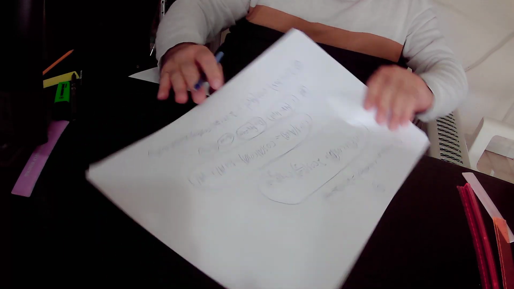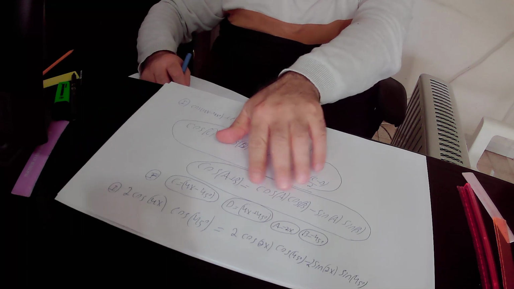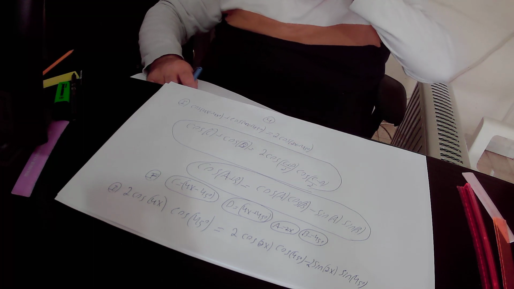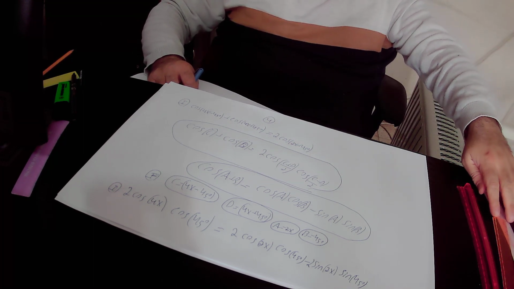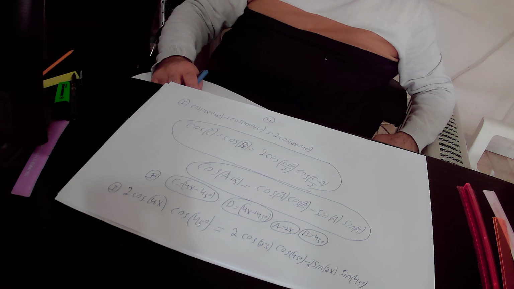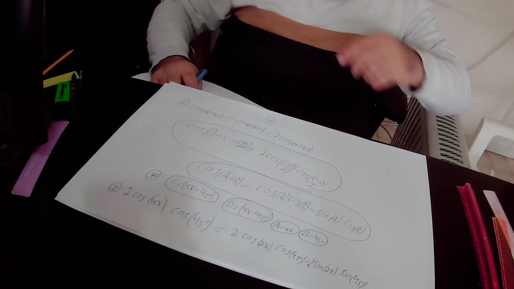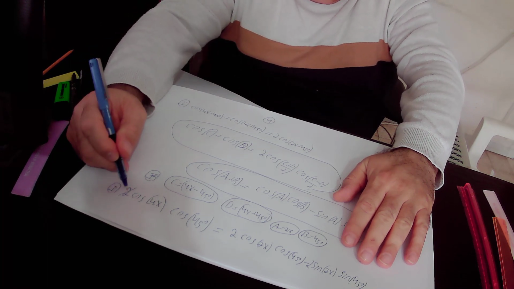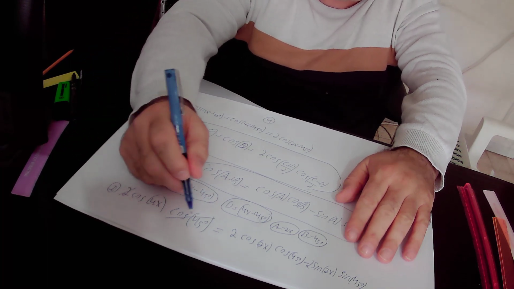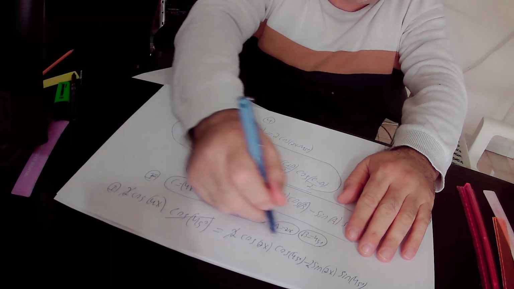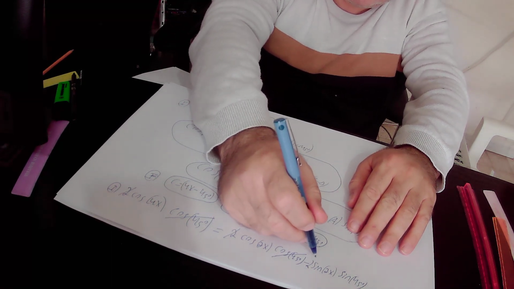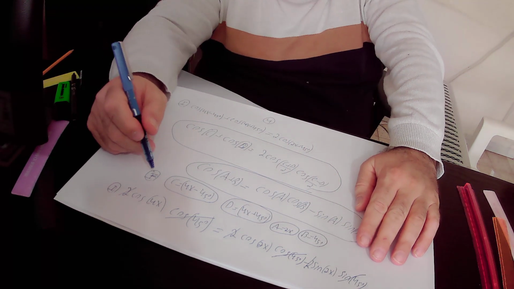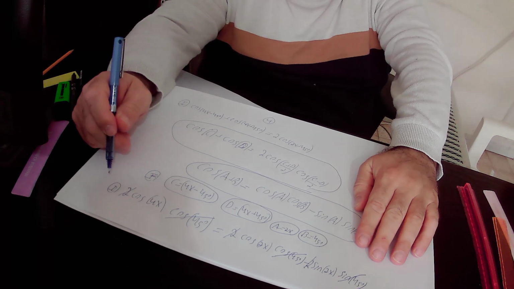So here we will divide equation number 1 by 2 times cosine 45 degrees. We know that sine 45 degrees equals cosine 45 degrees. So here 2 cosine 45 degrees will get cancelled, and here also 2 cosine 45 degrees will get cancelled, and here 2 sine 45 degrees will get cancelled because sine 45 degrees equals cosine 45 degrees.